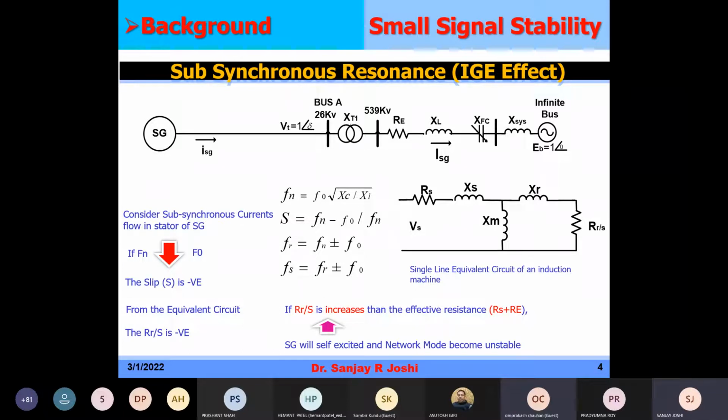Due to the presence of line resistance, transformer resistance and generator winding resistance, this transient current at the network mode frequency dies out quickly. But in some cases, as we are seeing here, if Rr by S is more than Rs plus Re, the net resistance becomes negative, and the synchronous generator becomes self-excited, because the net resistance is negative and the network mode becomes unstable and sustained.